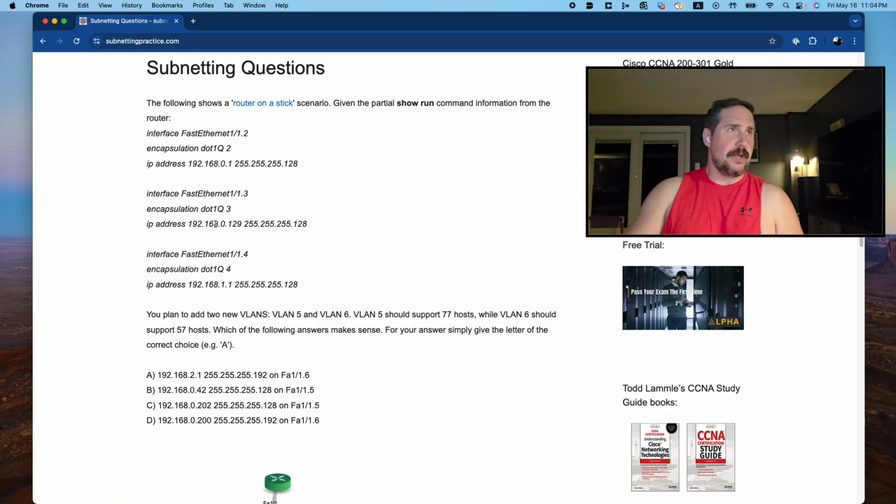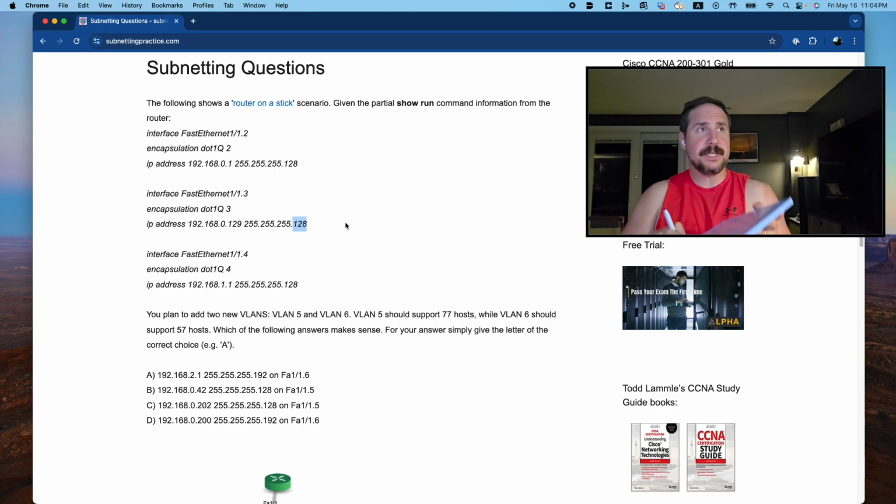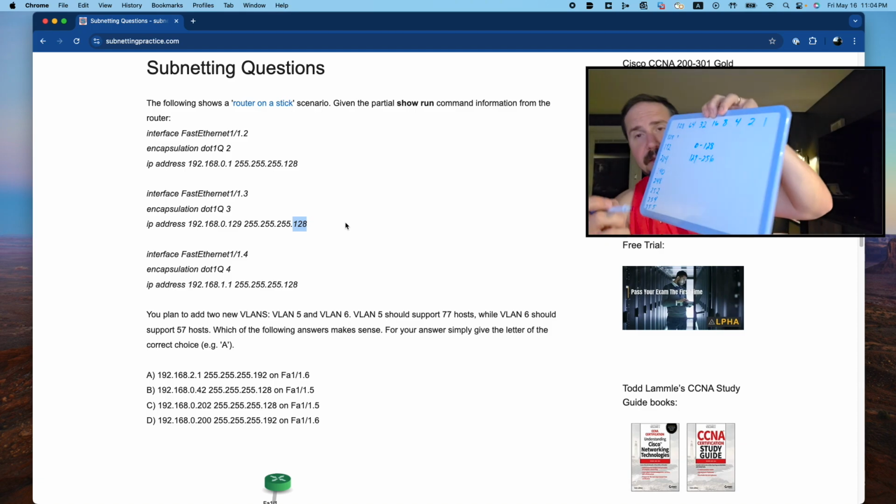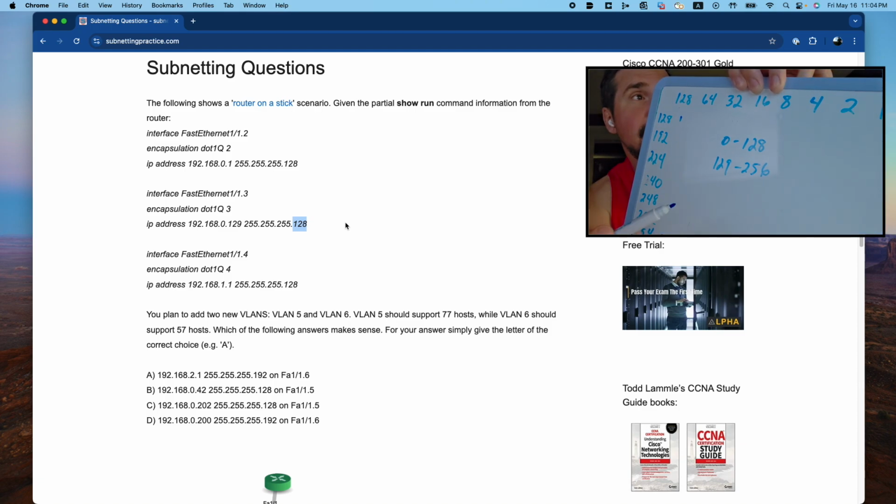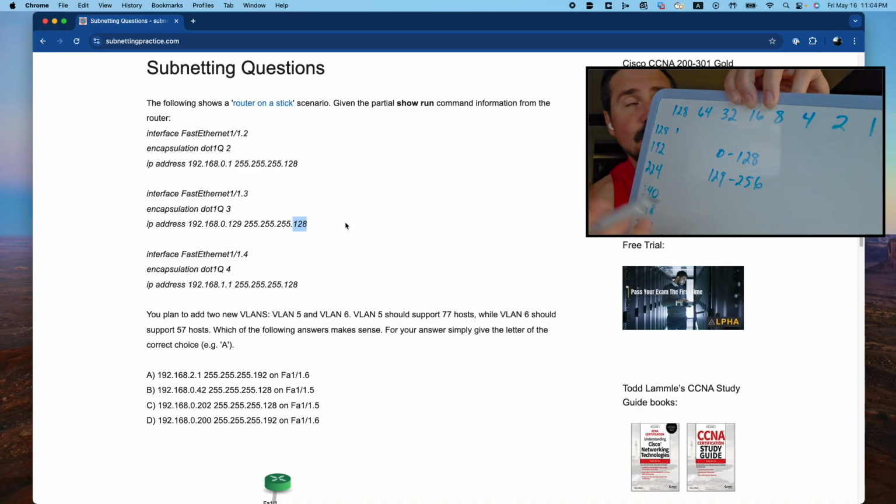Number 3, again, 129. So we start on 129, and we've got a block size of 128 again. 128 plus 128 is 256. Okay, so that means that all of the 192.168.0 subnet is used up.